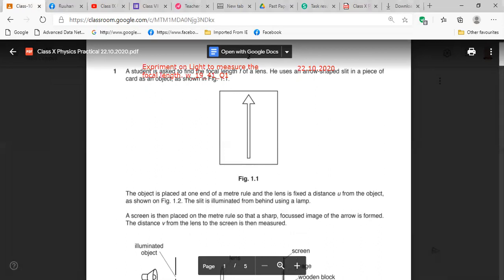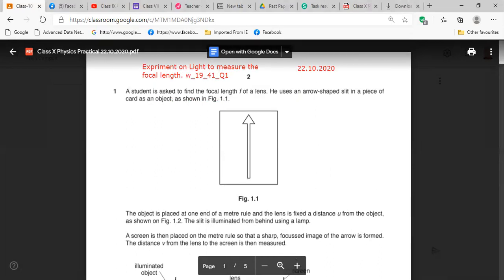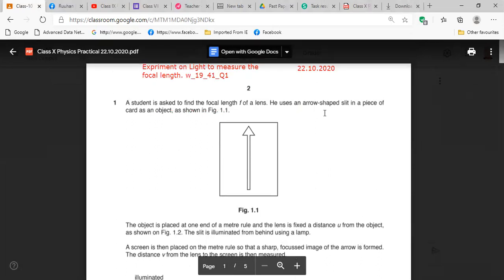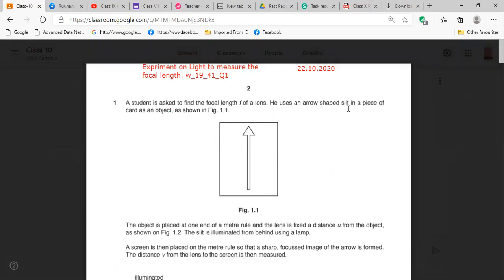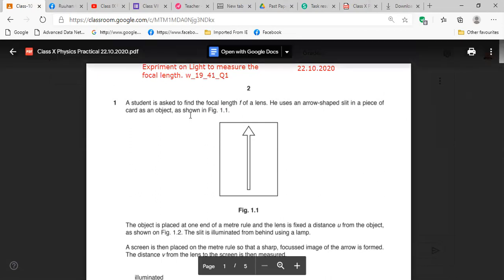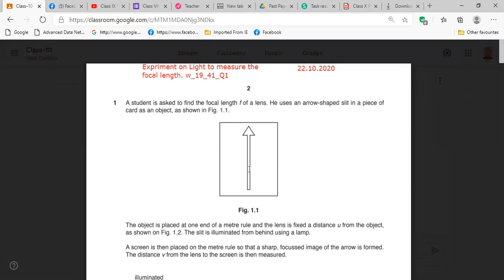Okay, so here we have card. He uses an arrow-shaped slit in a piece of card as an object. You see this arrow? This is slit. That means the card is cut here.